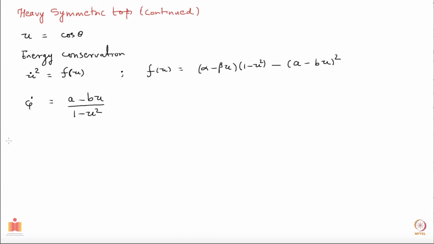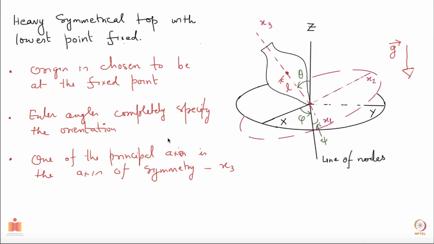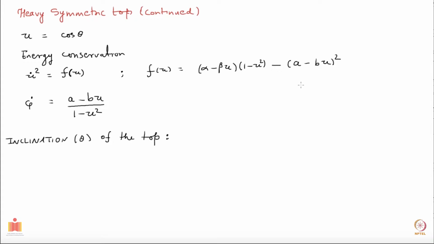So let's look at it. Inclination theta of the top. Okay, remember, let me go to the figure here. This is the inclination. Okay, that's the theta, and this is the z direction. So right now we are asking about this angle. Okay, very good.